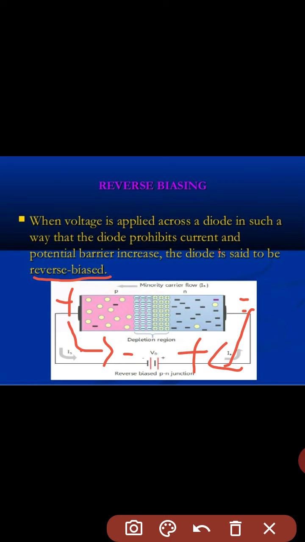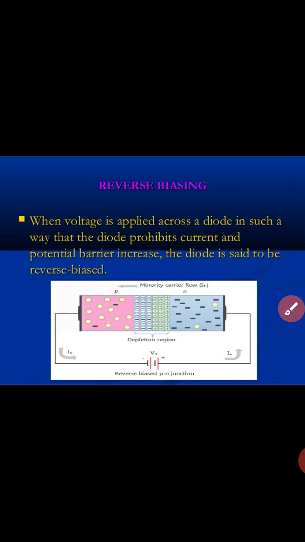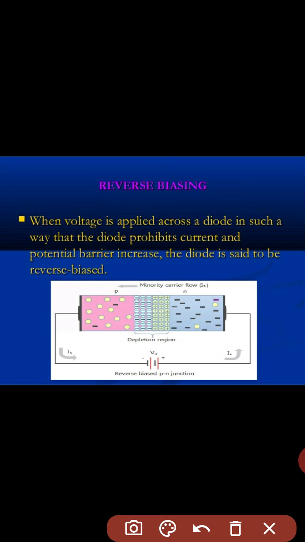Due to that, the width of the depletion region gets increased, which causes more opposition, and therefore the current flow is not possible in reverse bias mode.